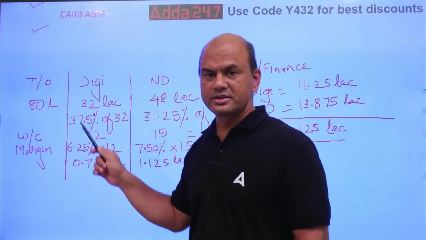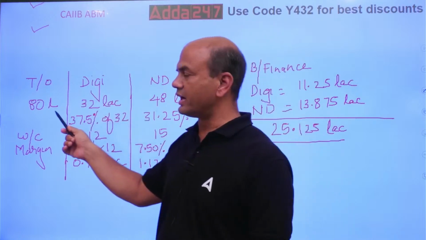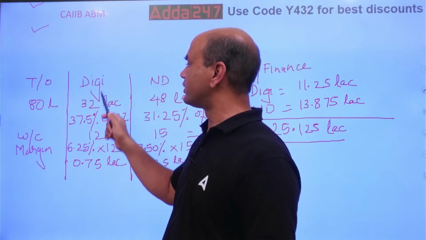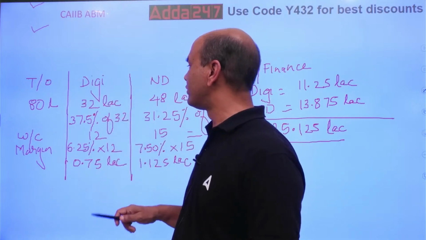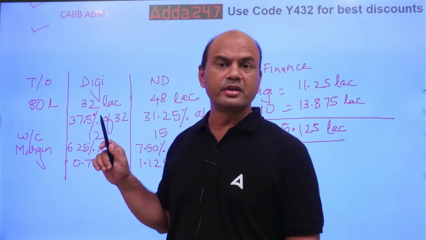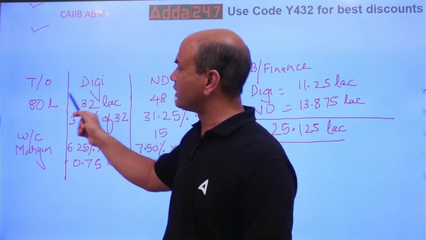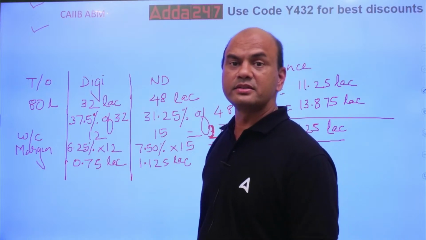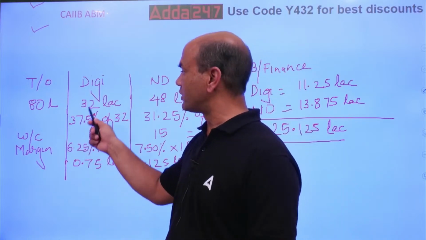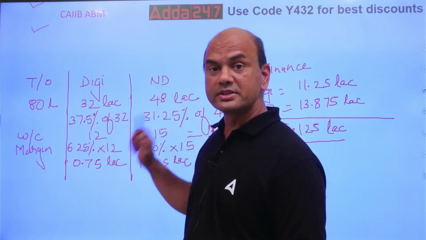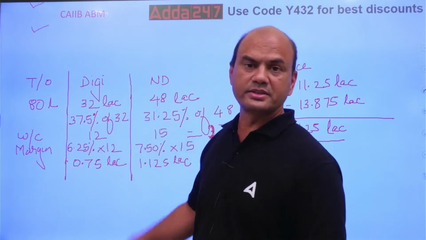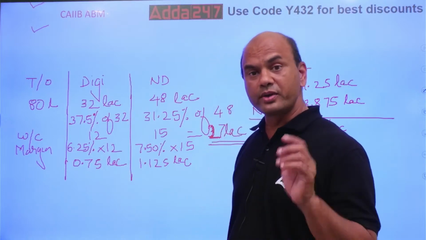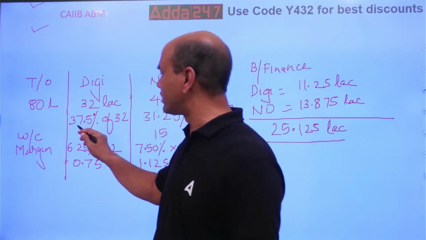Turnover for this year we are taking 80 lakhs. 40% comes from digital. So 40% into 80 lakhs is 32 lakhs. Non-digital is the remaining one, 48 lakhs. This is simple. Now the difficult part over here is this. This you will have to remember.